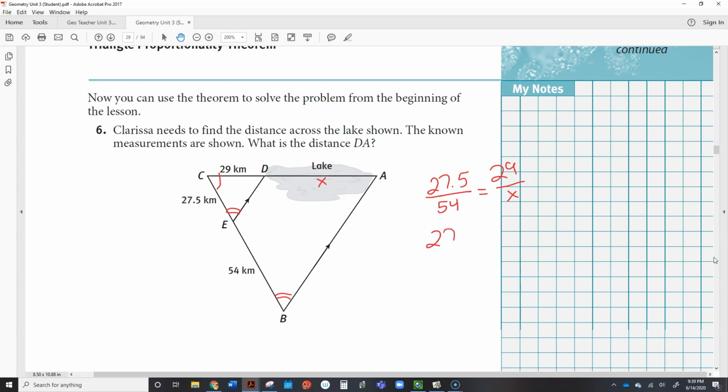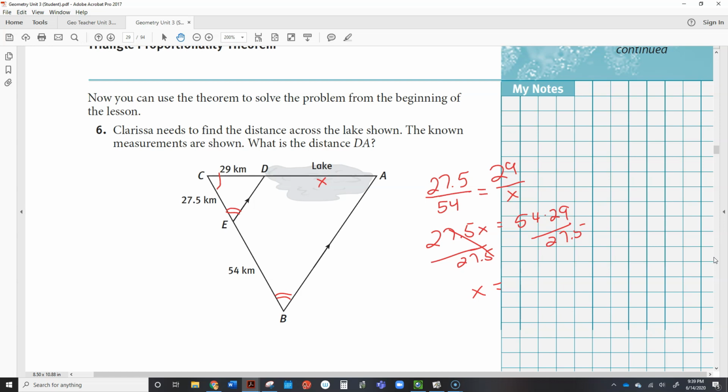Cross multiply, 27.5x is equal to 54 times 29. Divide both sides by 27.5. And x is equal to, I'm grabbing my calculator now, 54 times 29 divided by 27.5.